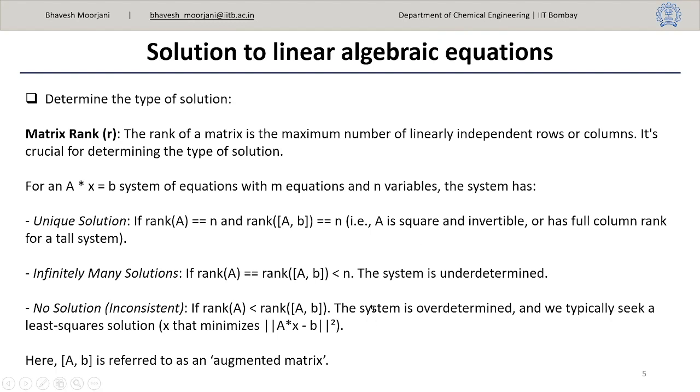They become dependent. That's why you get the rank of the matrix less than the maximum possible value. So in that case, your system becomes underdetermined. And if the rank of A is not equal to the rank of A augmented B, then the system is overdetermined and you cannot get a solution, right?